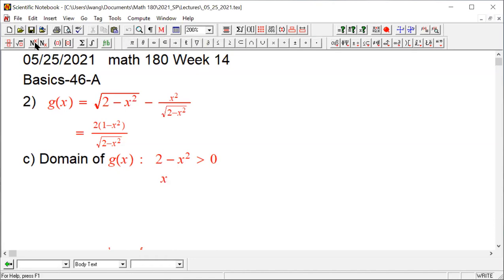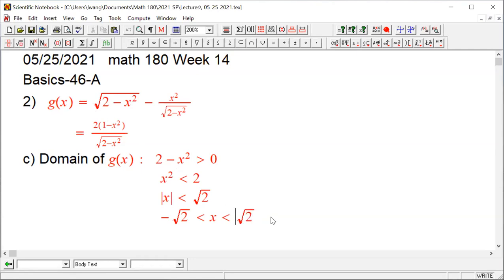Then you have x squared less than 2. And then you have absolute value of x less than square root of 2. And so in the end, you have negative square root of 2 less than x less than square root of 2.